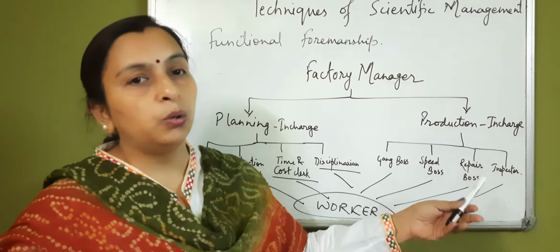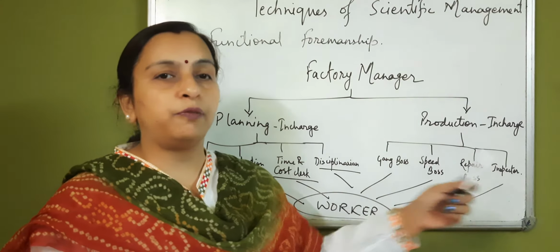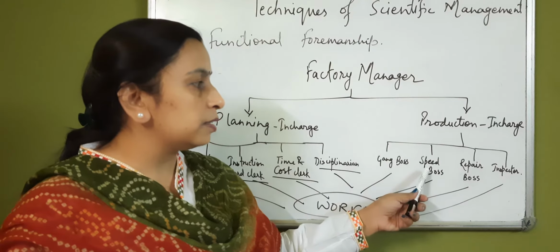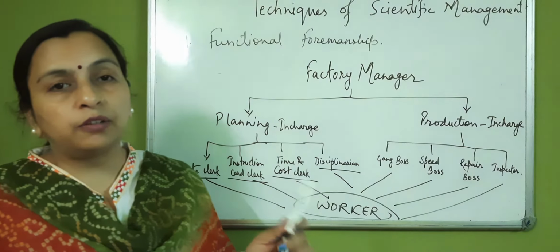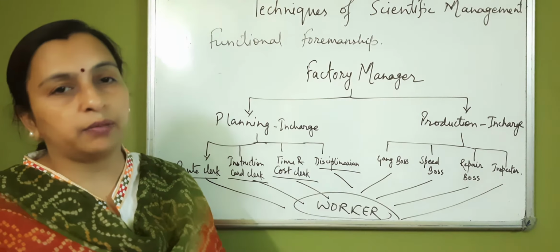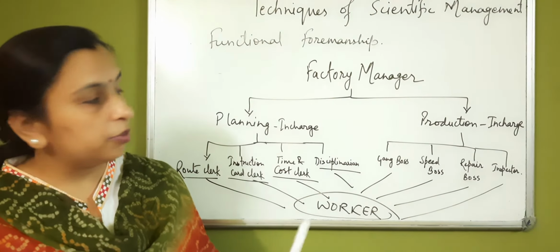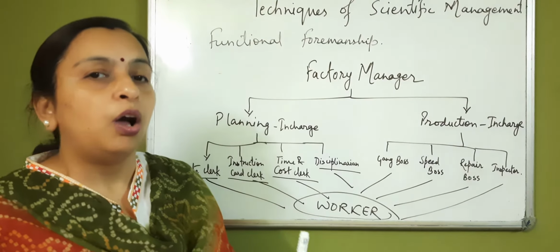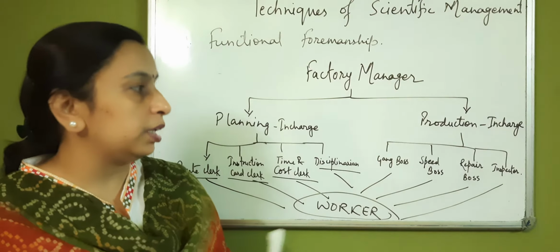The second department which Taylor suggested is the production department. Here also there are 4 bosses: gang boss, speed boss, repair boss, and inspector. Now what is the function of the gang boss? The gang boss is responsible for arranging all the machines and tools required for production.